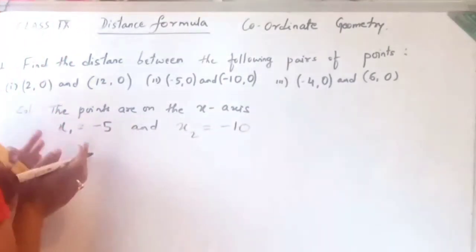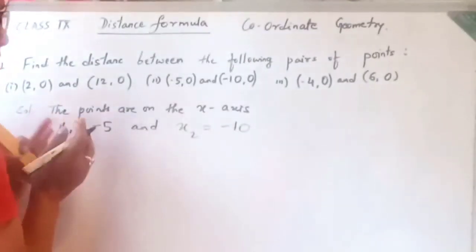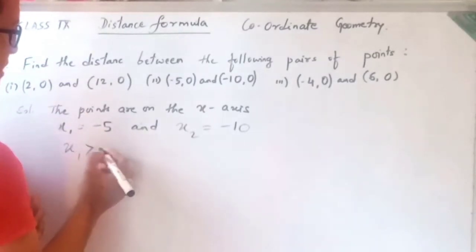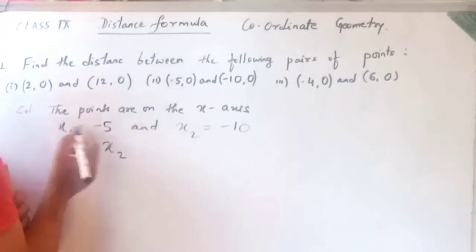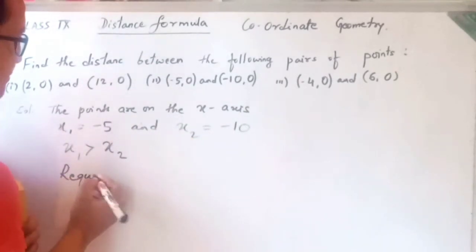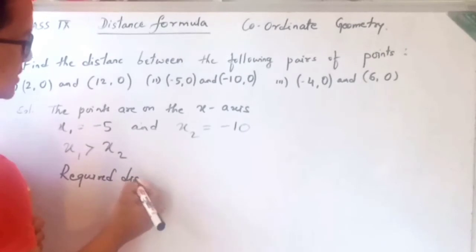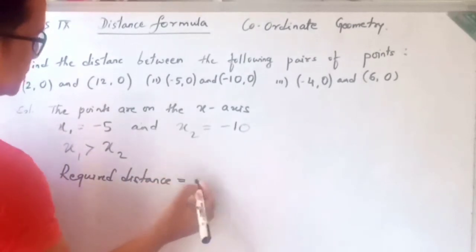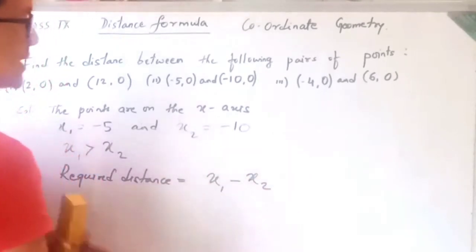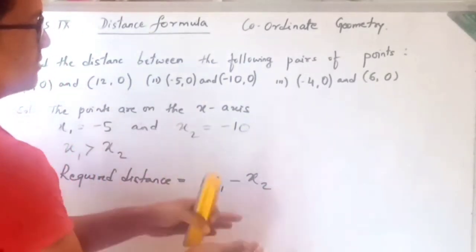When you look at the values of x1 and x2, we find that x1 is greater than x2. So required distance equals x1 minus x2. We have to subtract the lesser number from the greater.